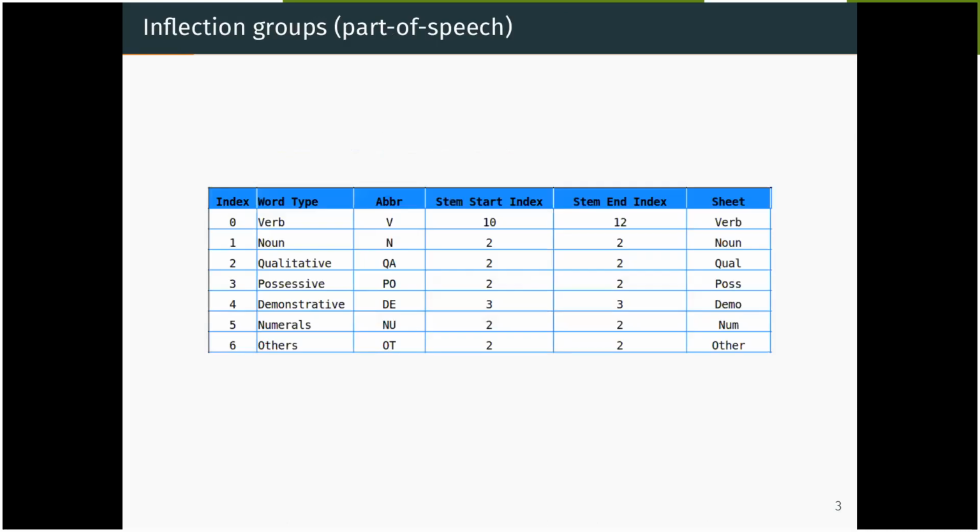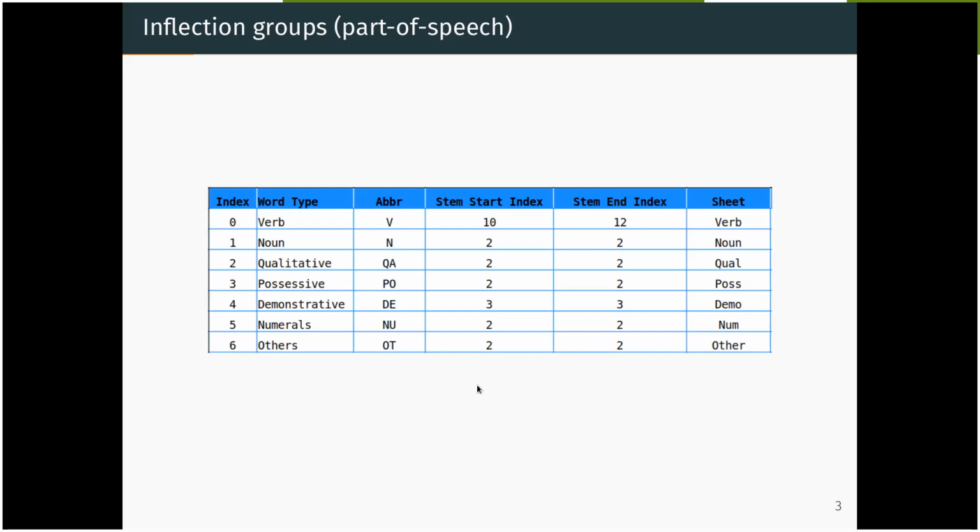Now, inflectional groups, or word types. I call them word types. But the way I developed this, I'm not a linguist. I'm a computer engineer, and I don't have a very solid linguistic background. So I'm going to talk about the terminology that I use in my morphological analyzer, but it also has some linguistic meaning to it.